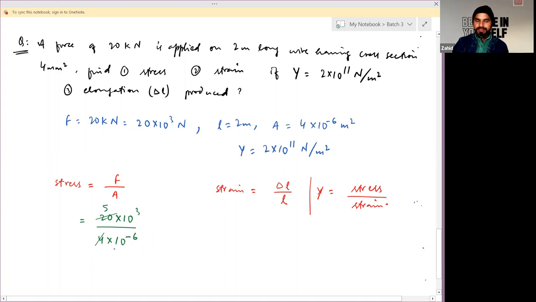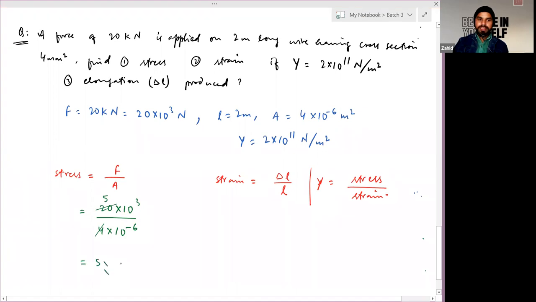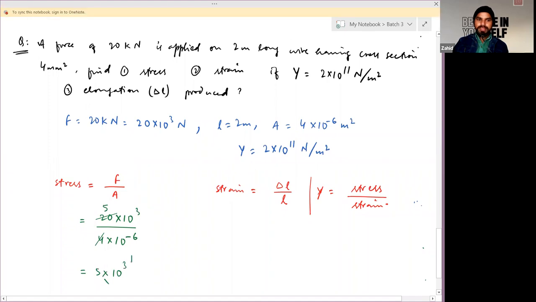And we have 10 to the power minus 6 in the denominator. Good, Yusuf. So on moving to the numerator, it will become plus 6. So 5 into 10 to the power 3 plus 6. It will be 5 into 10 to the power plus 9 Newton per meter square.